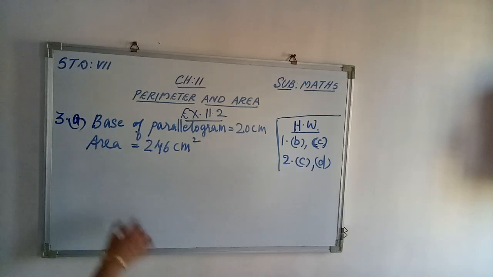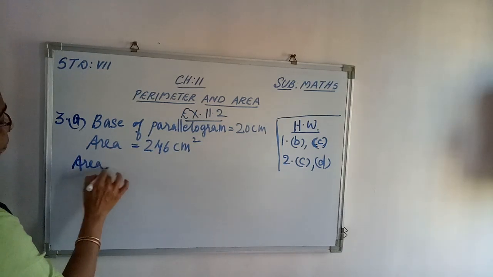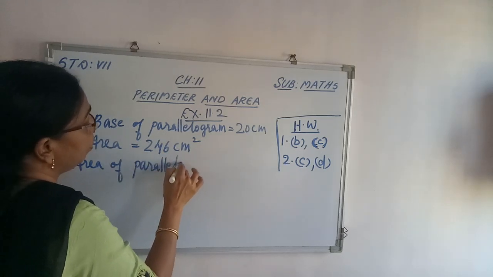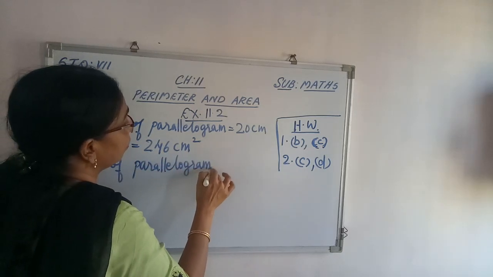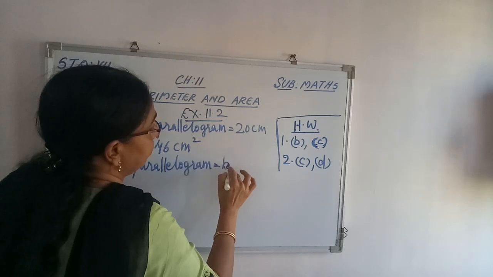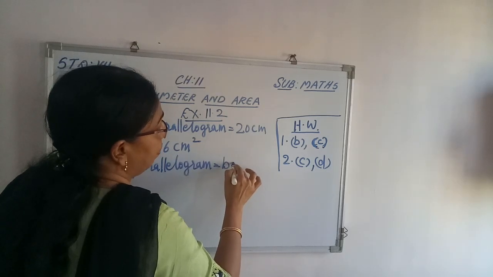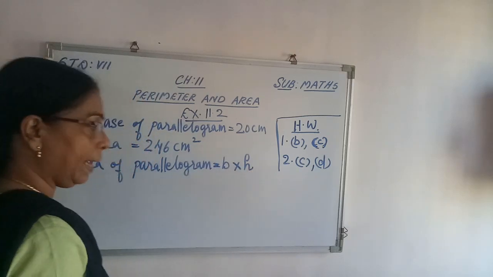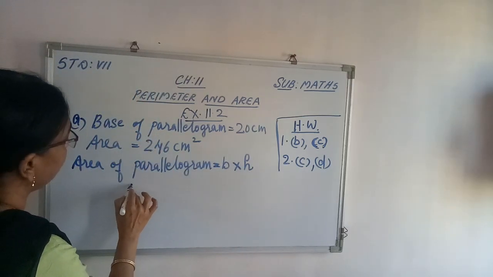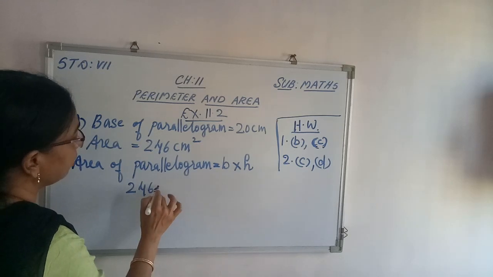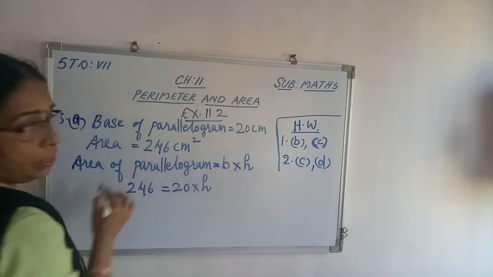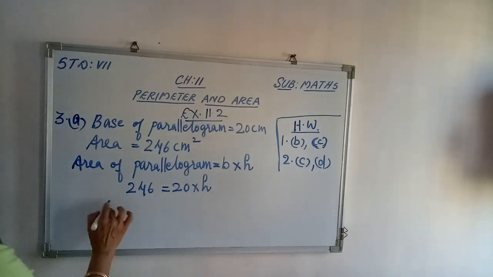So we know that area of parallelogram is equal to base into height. I am using B and H. B for base and H for height. So substitute the value. 246 is equal to 20 multiplied by H. From this, how can you find out H?